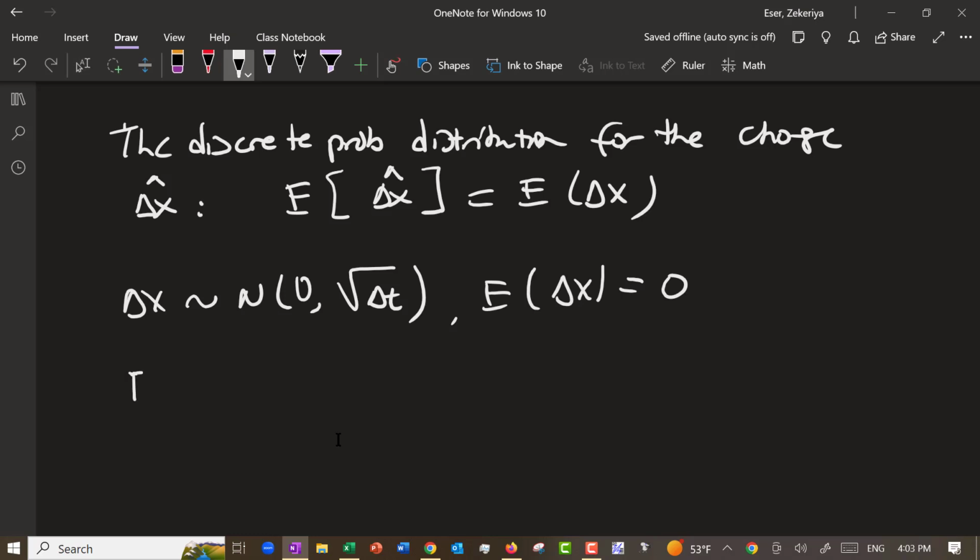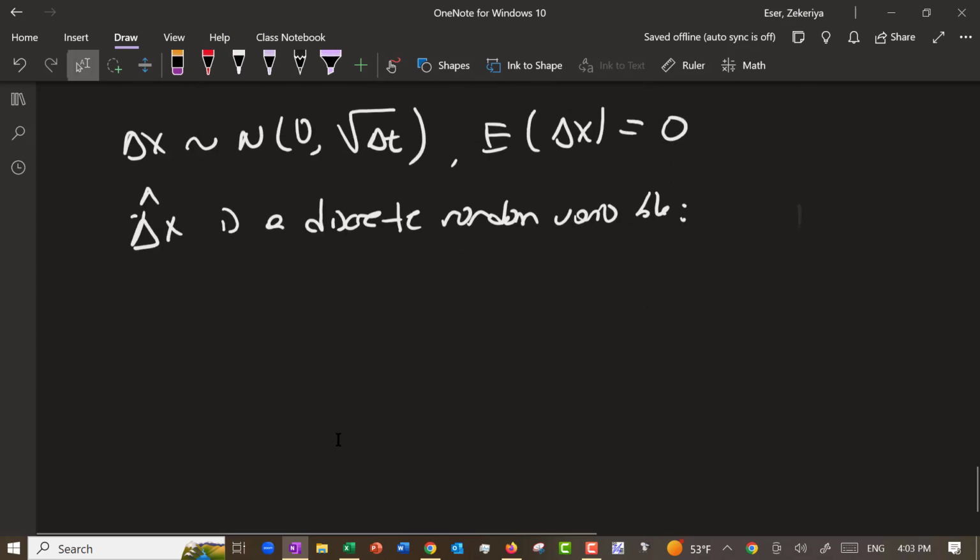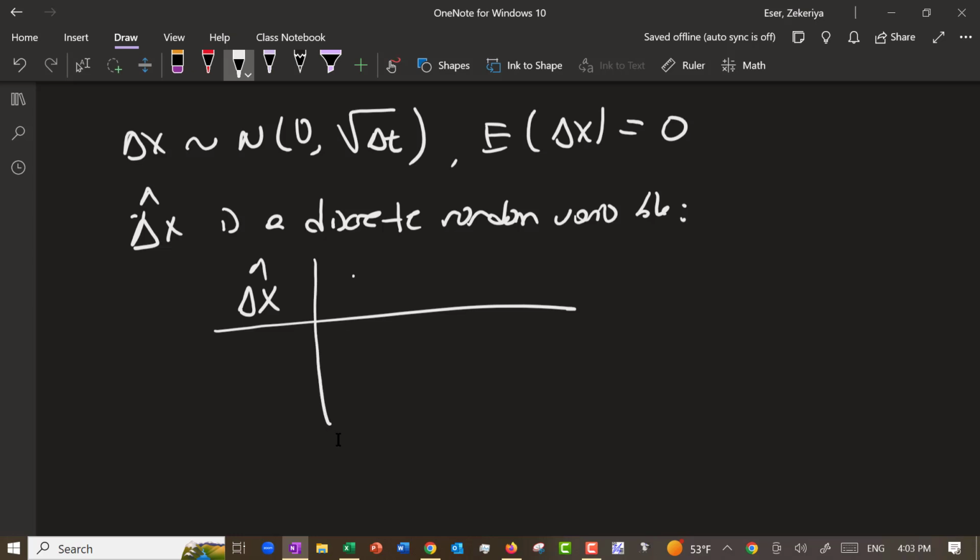Now, this delta hat x is a discrete random variable such that it could be the movement up, the movement middle, or the movement low.